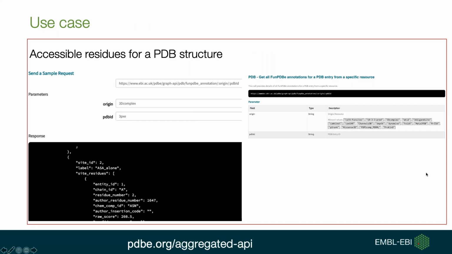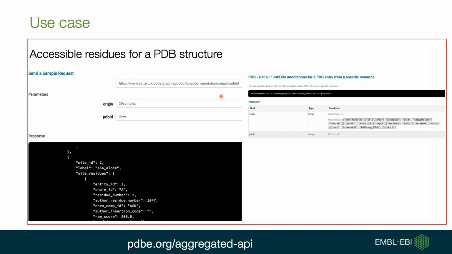So now let's see a use case. If you have a structure and want to know the residues which are accessible, you can make use of the annotations API call for a PDB entry for a particular resource. And this data is provided by the PDBe-KB partner 3D-Complex.